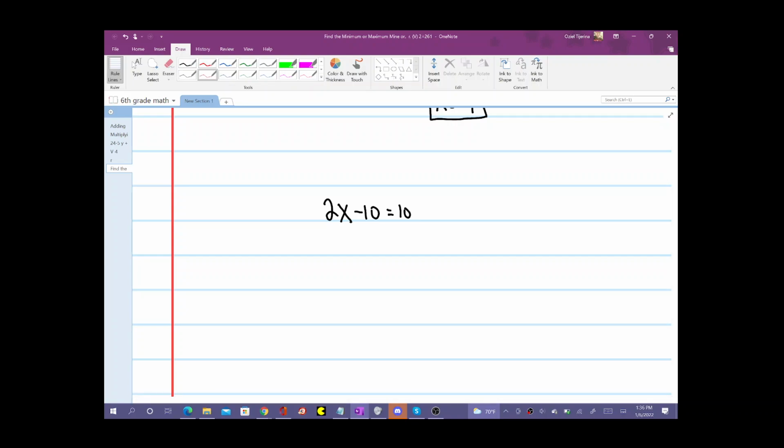You get rid of the -10 by adding 10 on both sides. You then say 2x equals 20, and then you divide both sides by 2. This leaves you with x equals 20 divided by 2, which is 10. Okay?